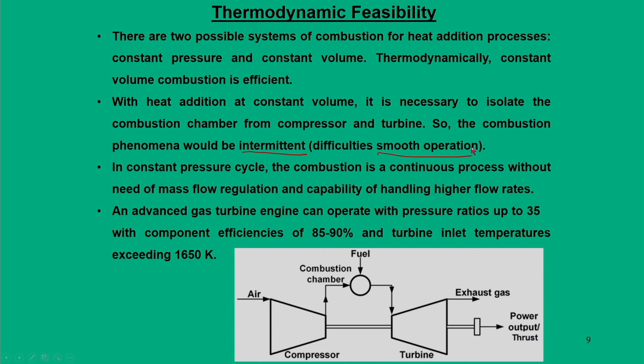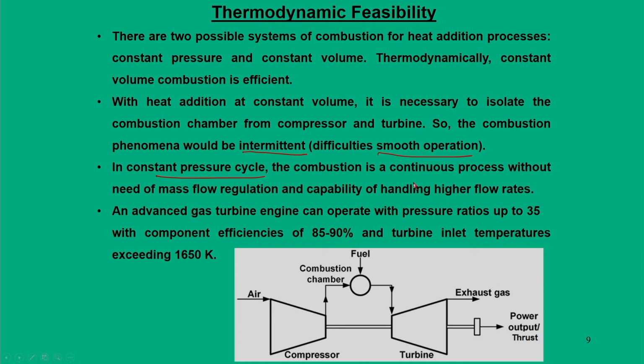So, ideally speaking, the constant pressure cycle is a better option, because it gives a continuous process of combustion, and it gives the advantage of high mass flow regulation and handling higher flow rates. Because of this, constant pressure combustion is the reality for gas turbine power generation systems.